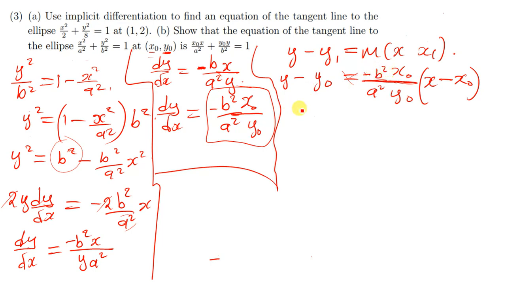So this will be y minus y naught over negative b squared x naught, and this is equal to x minus x naught over a squared y naught.